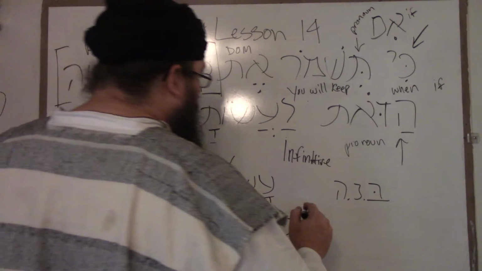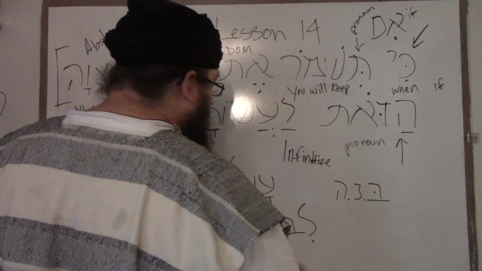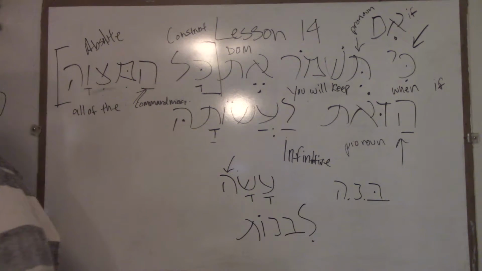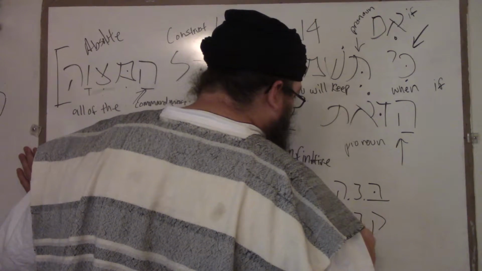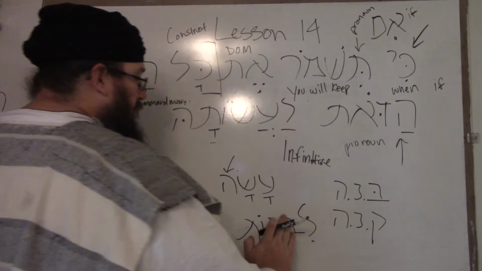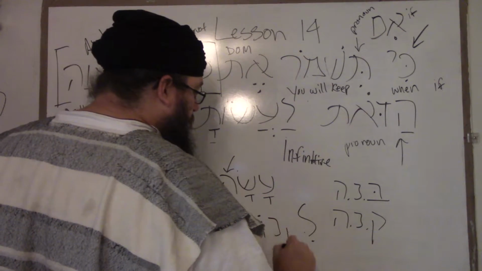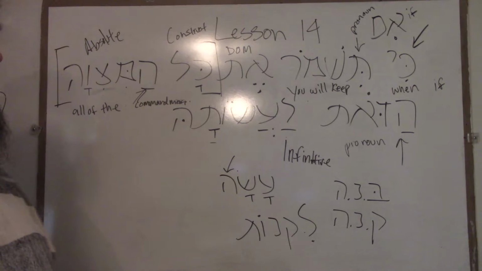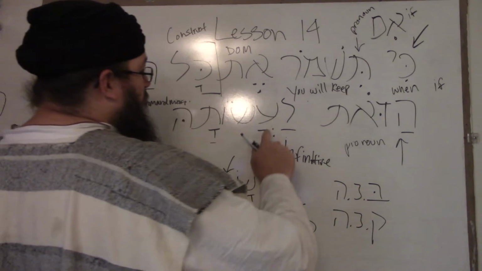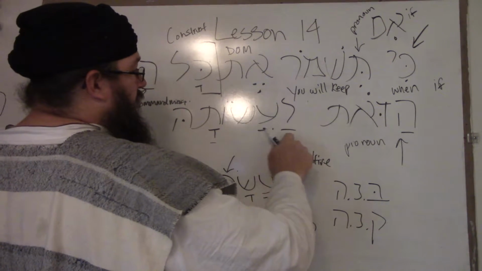When we add the lamed, we see livnot. Okay? If I take kaf nun he and I take the bet off and replace it with the kaf, it's likhnot. Because we have a guttural, that's why we have the sound here.